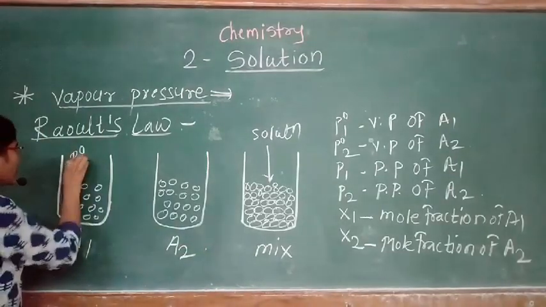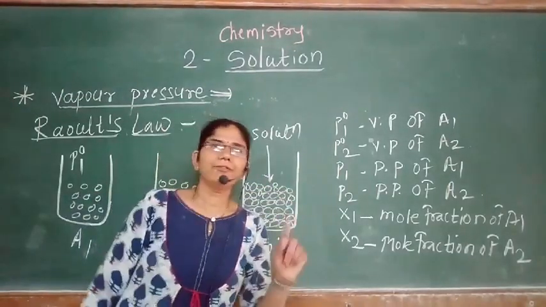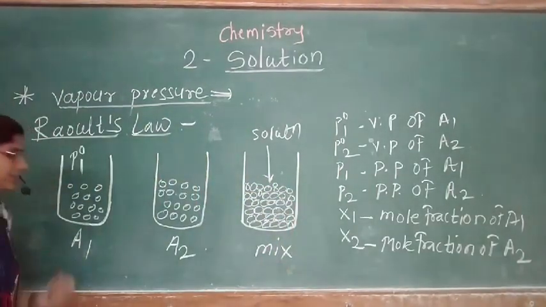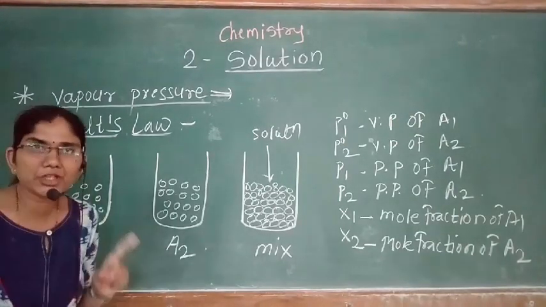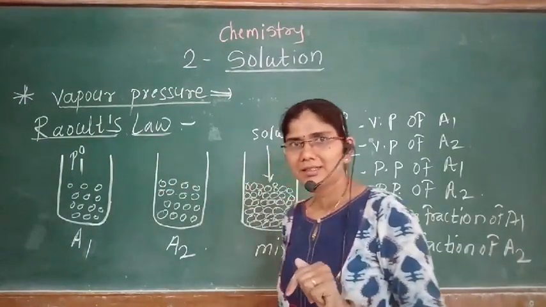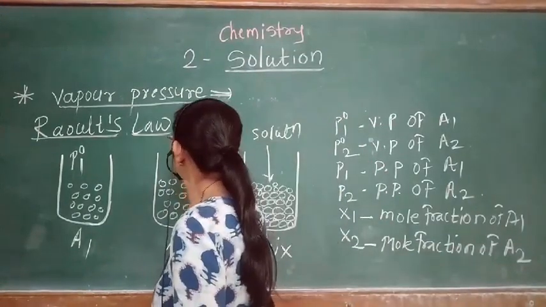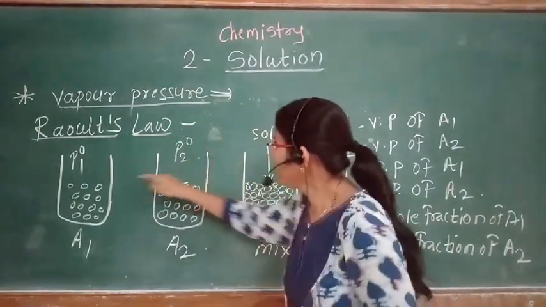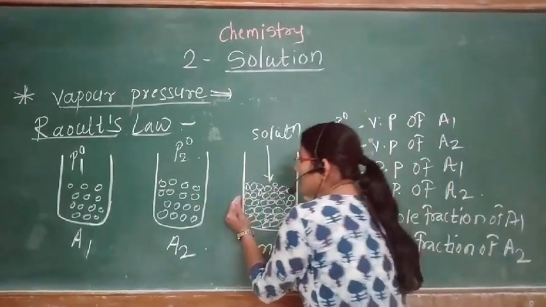Let P01 be the vapor pressure of volatile component A1, and P02 be the vapor pressure of volatile component A2. When we mix these two volatile components, volatile meaning they readily go into the gaseous or vapor state, they form a solution.